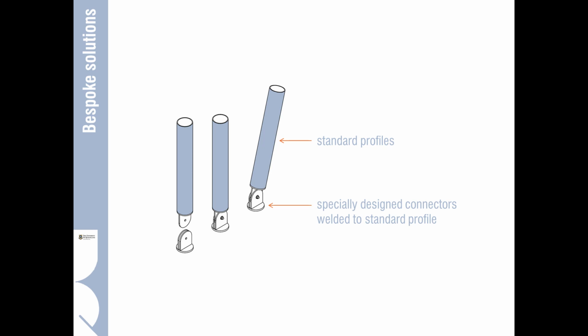So we can get some quite interesting and quite aesthetically interesting connections that are possible with taking everyday standard profiles and combining them with highly crafted connector pieces at the ends. Now, although often these are more expensive, with economies of scale and with automation, these bespoke solutions in the end are becoming more and more affordable.